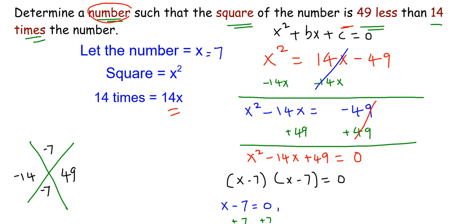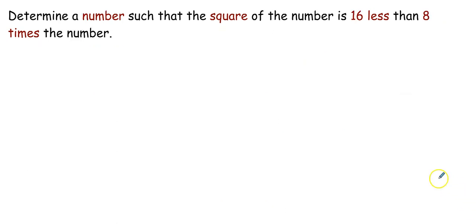That is the main purpose. And please try this problem. Determine a number such that the square of the number is 16 less than 8 times the number. So you are looking for a number whose square is 16 less than 8 times the number. Please try this. Thank you.